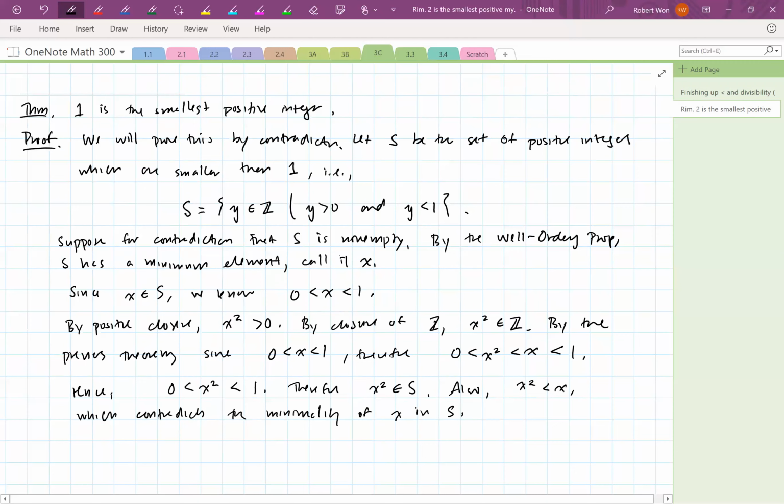X was supposed to be the smallest thing in S, but I found another thing in S that's smaller than x. This is a contradiction, which means that S must be empty, which means that 1 is the smallest positive integer. Hence, S is empty. So 1 is the smallest positive integer. There are no positive integers less than 1.